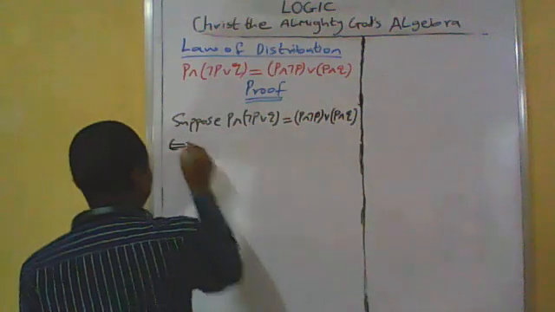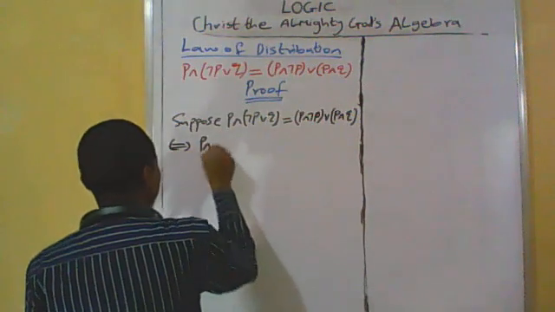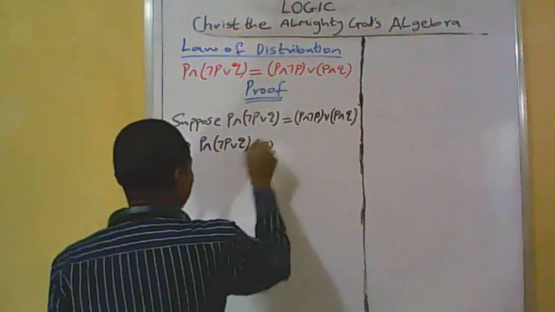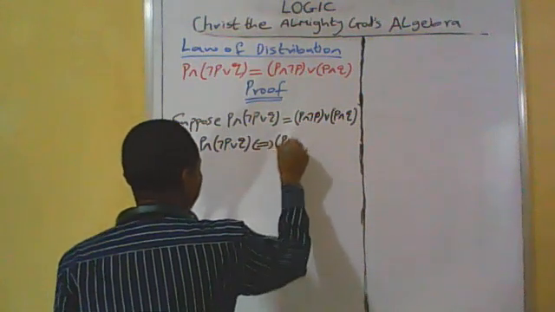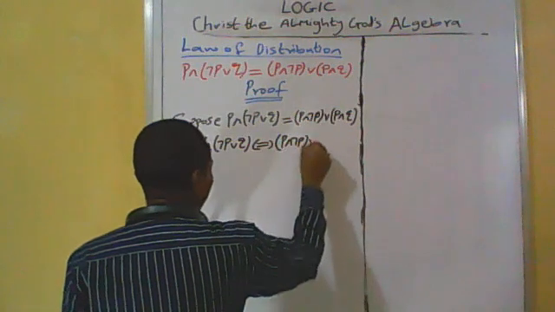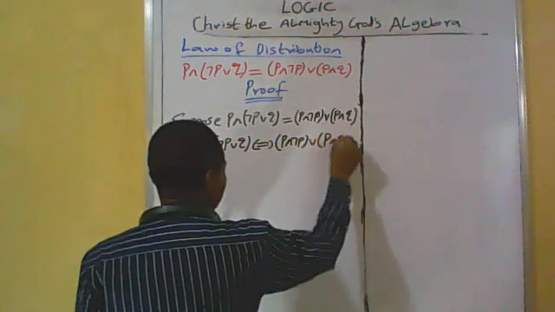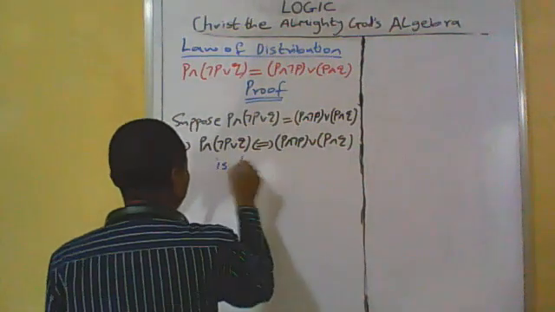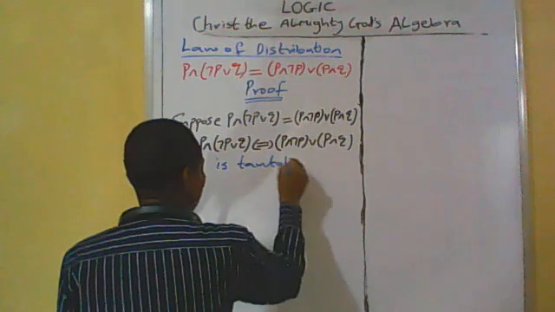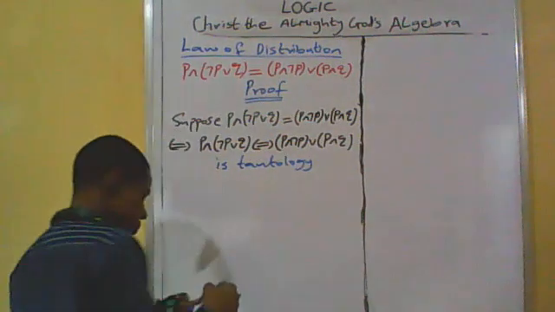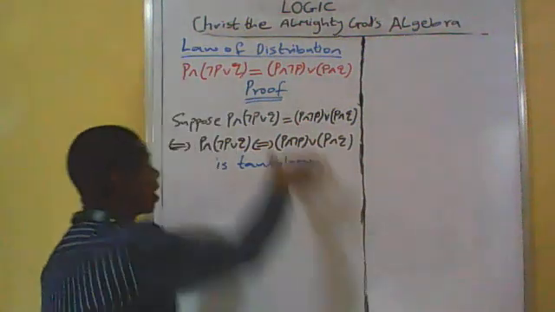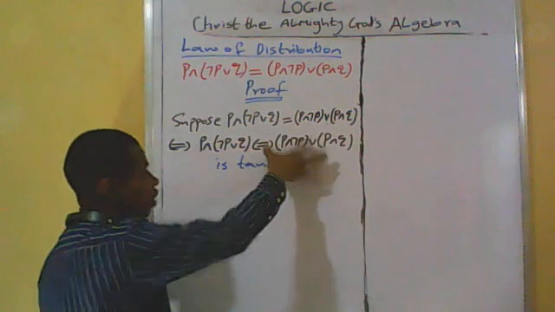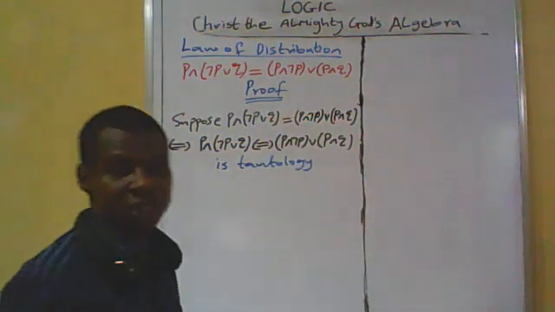If and only if P and bracket not P or Q, if and only if bracket P and not P or bracket P and Q, is a tautology. Now, this our assumption has now been transformed to a biconditional statement.